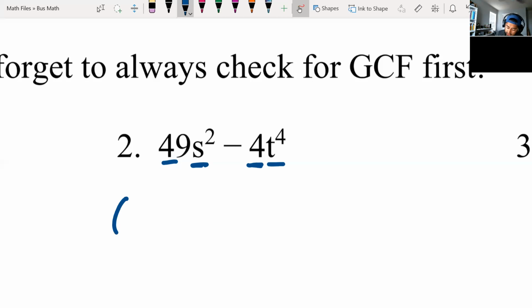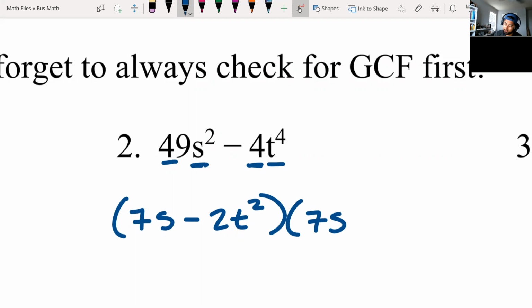So this is going to factor to 7s minus 2t squared times 7s plus 2t squared. And that's it.